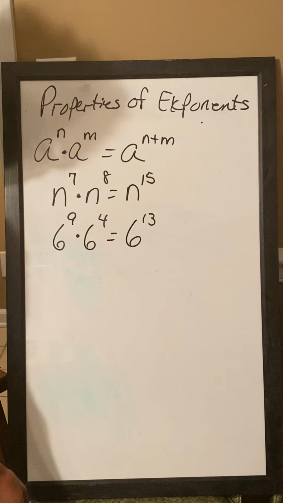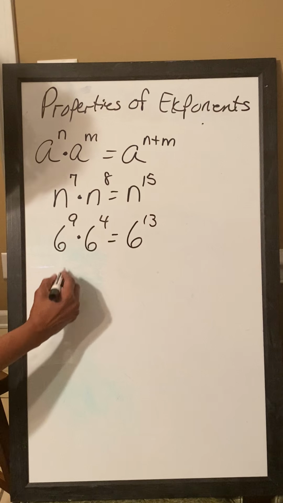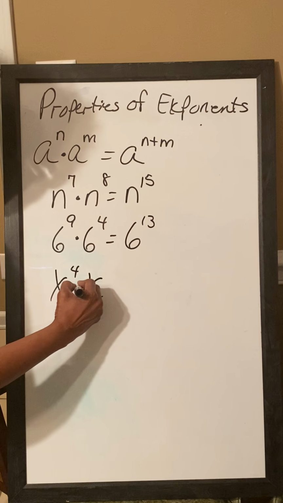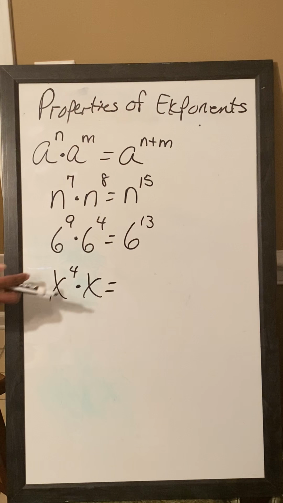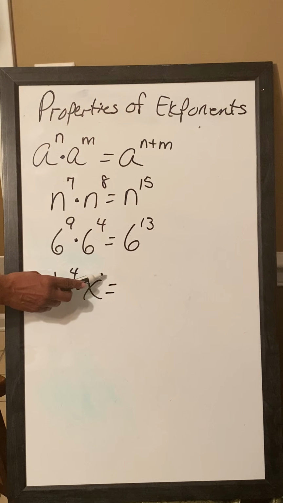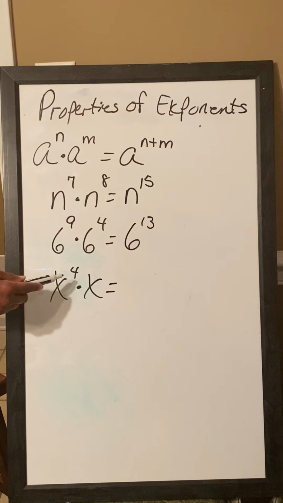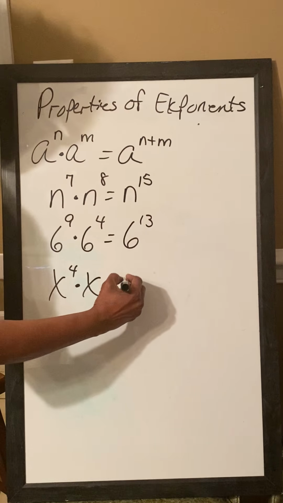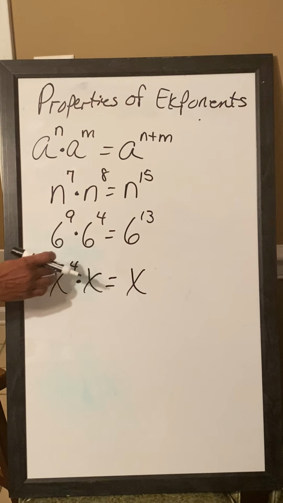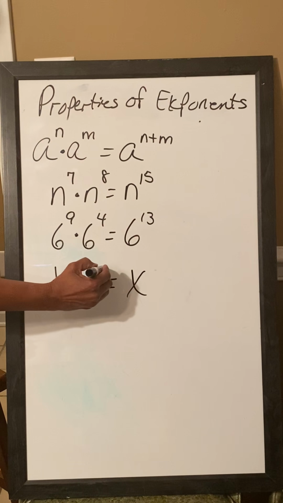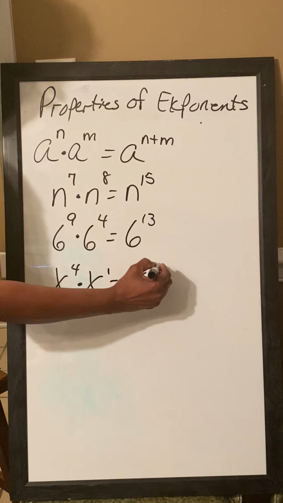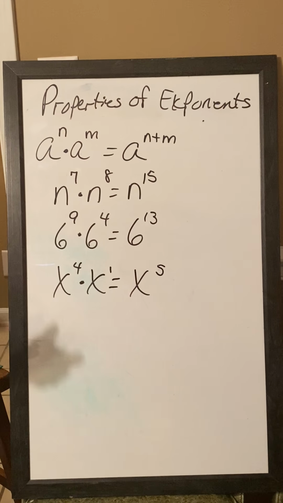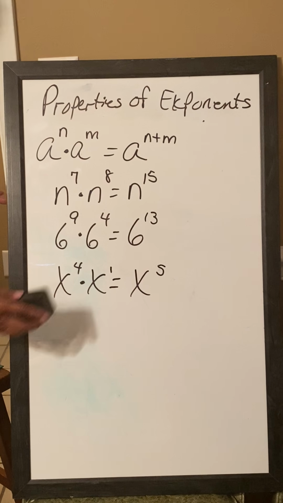Suppose I had x to the 4th times x. Well, this x has an exponent. It's understood to be there. You just don't see it. It's understood to be a 1. So I'm going to, again, bring my base x over. I'm going to add my exponents, 4 plus 1. That gives me 5. So again, when I multiply like bases, I'm going to add the exponents.